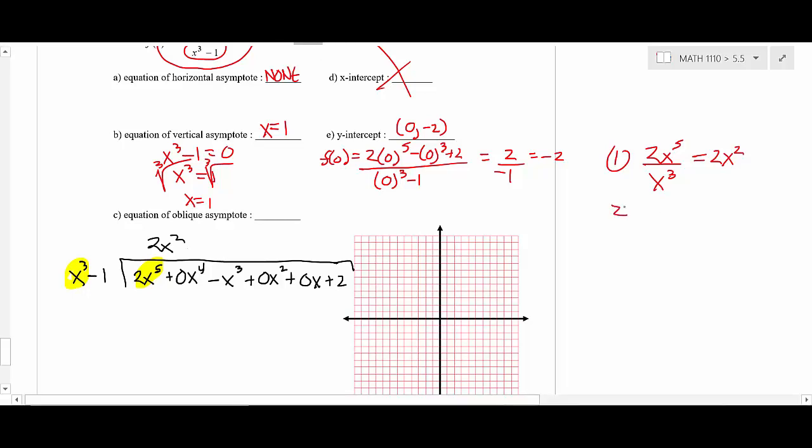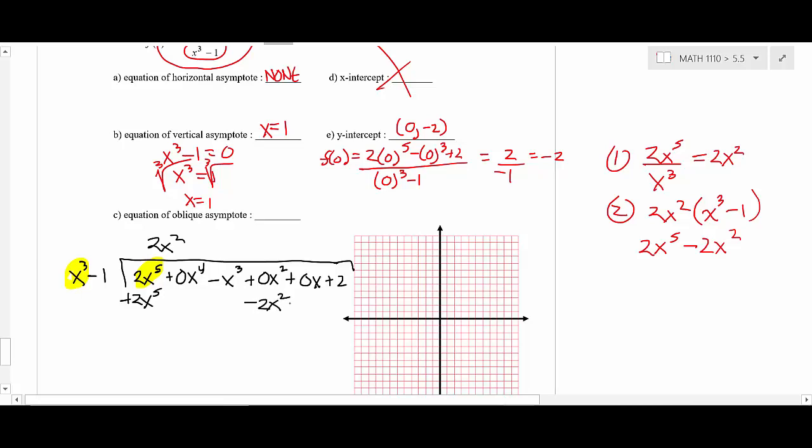Step 2, we're going to multiply. So we're going to multiply 2x to the second by x to the third minus 1. That's 2x to the fifth minus 2x to the second. You want to put that under the like terms. So right here you would have 2x to the fifth, and then under the x squared you would have minus 2x to the second.